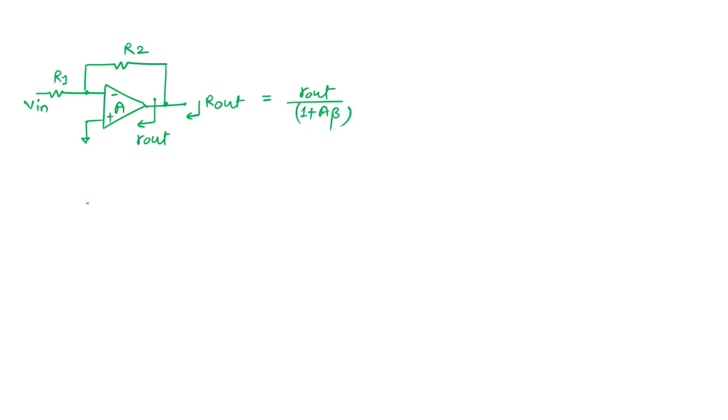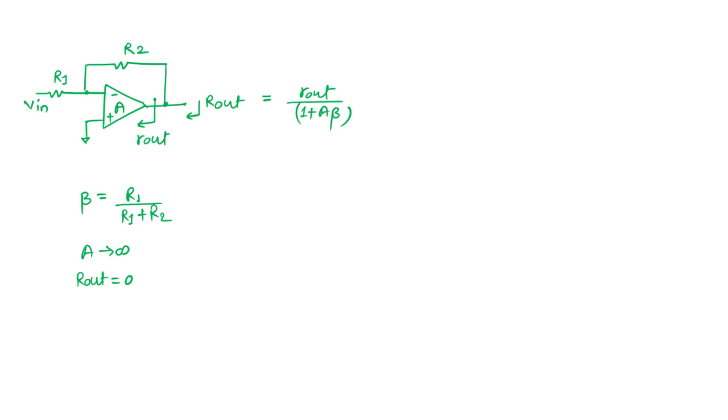Okay, what is beta? Beta is nothing but R1 divided by (R1 plus R2). This is your beta. So from here, as A is infinite, you will see R out is 0. Simple thing. That is the one conclusion that we can draw from here.